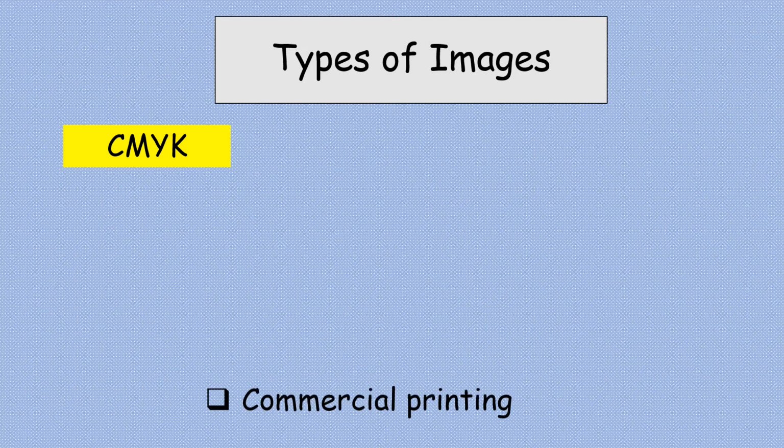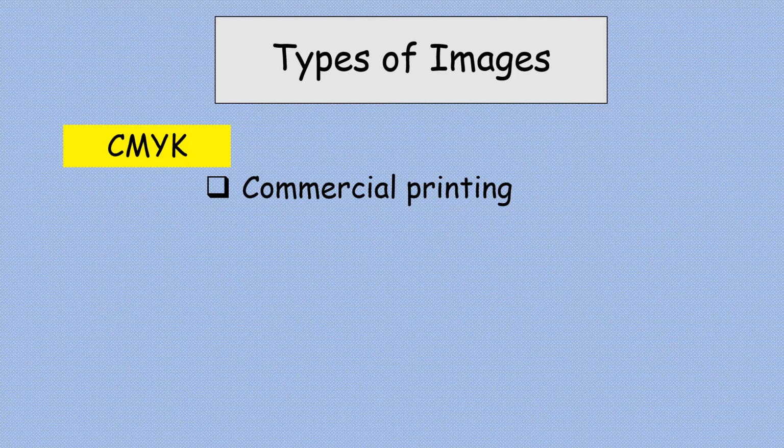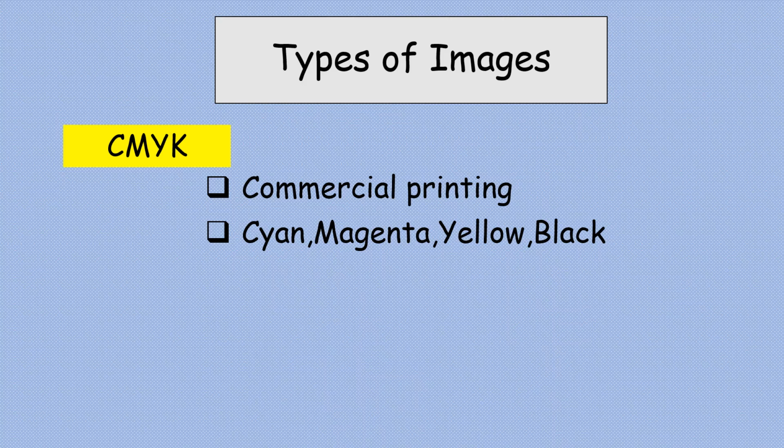Next is the CMYK image type. The CMYK image type is used for commercial printing. CMYK stands for the four printing inks: cyan, magenta, yellow, and black, which are used to create all other colors on a printing press by combining them.